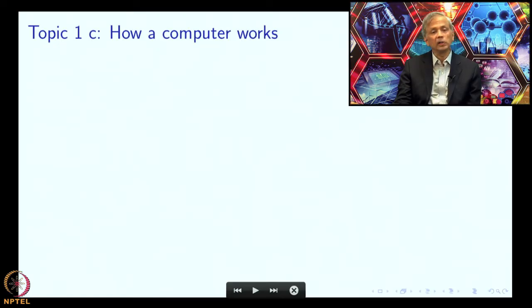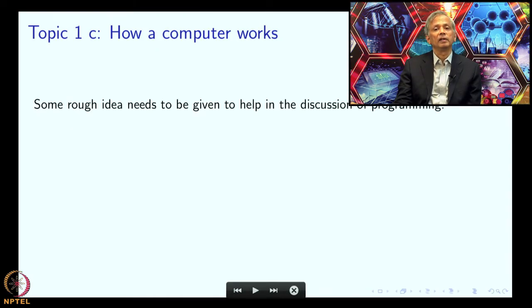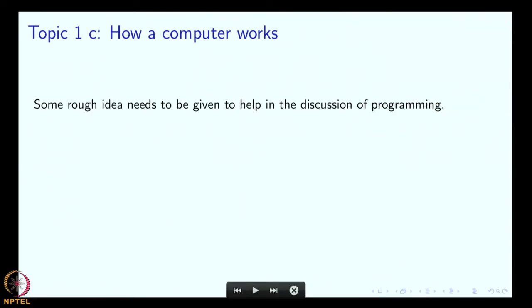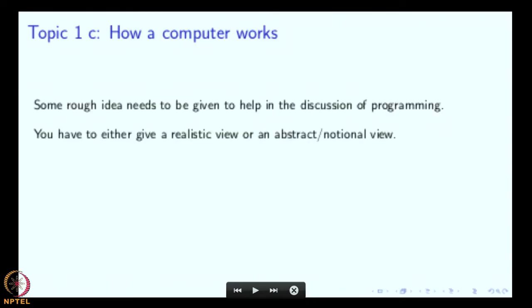All right, so continuing along that, we also need to tell a little bit about how a computer works, to the extent that it helps in programming. By this I mean the insides of a computer. We have to say something like: a computer contains memory, it contains some logic hardware, again at a fairly high level.